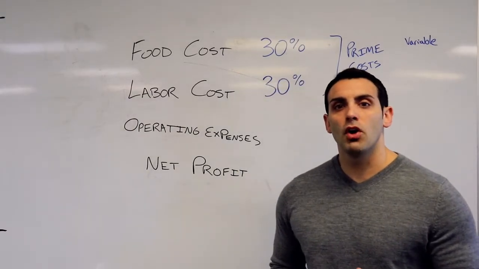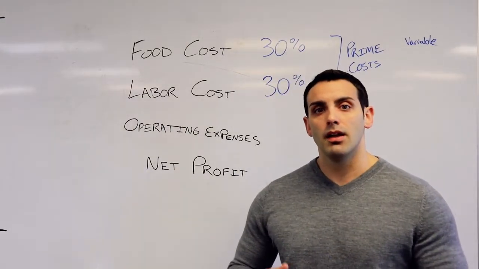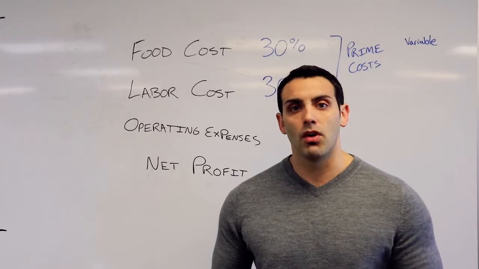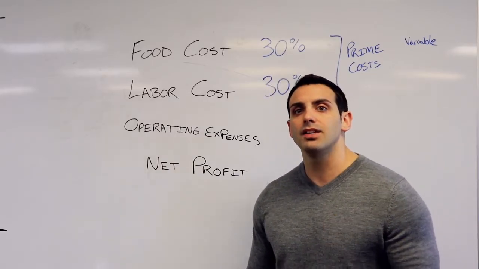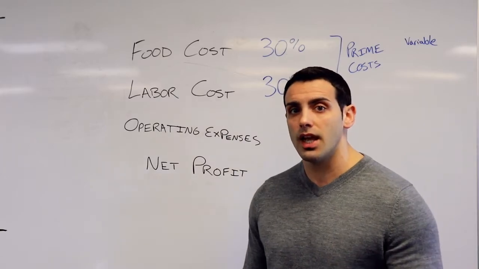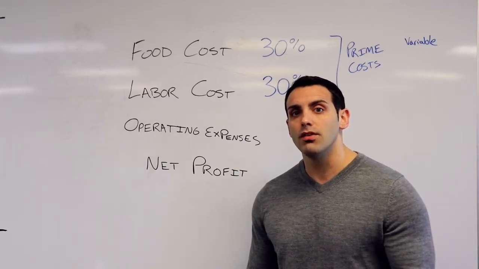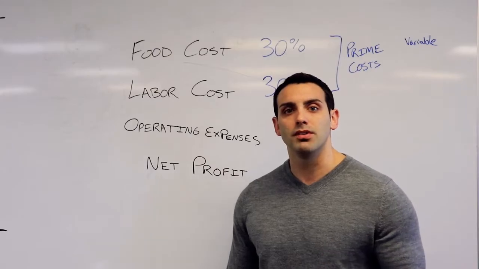Now, with these prime costs being the main variable costs involved with selling our product, I could take a look at just those two cost categories alone and tell you what your ability to pay your bills is like.